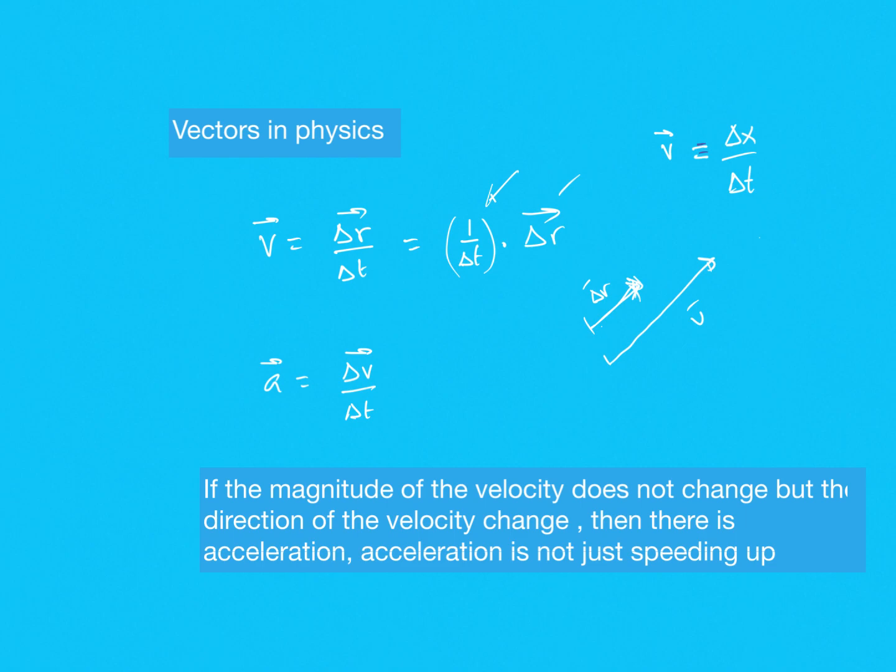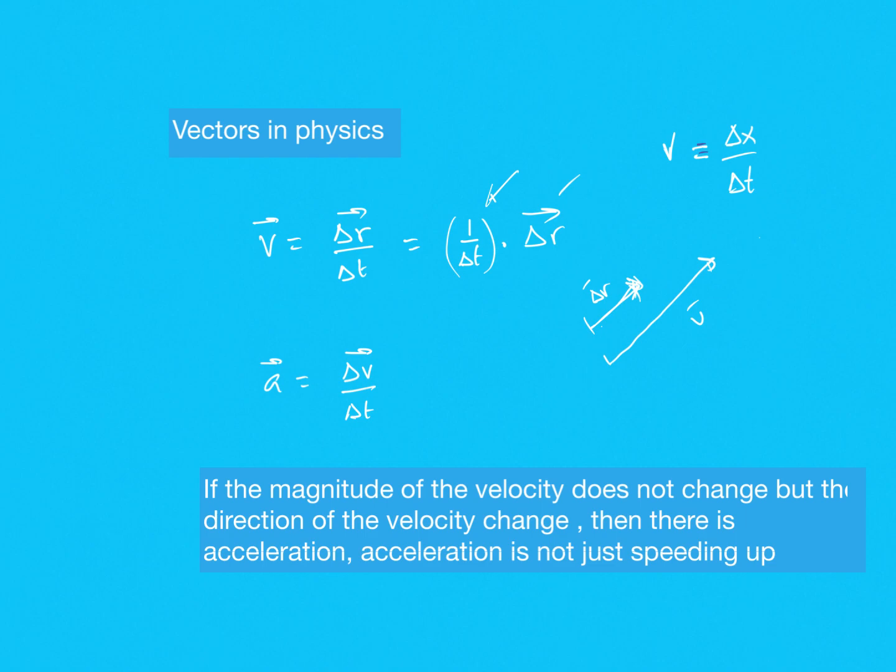So in the same way that the velocity v was defined like delta x divided by delta t, we can define the vector velocity as the change in the vector position per unit of time.